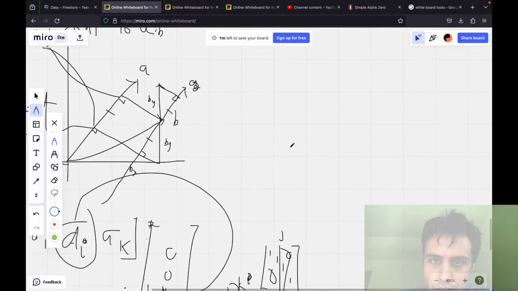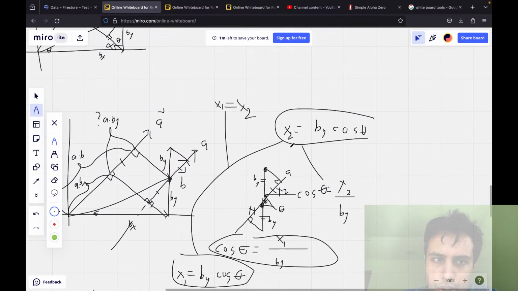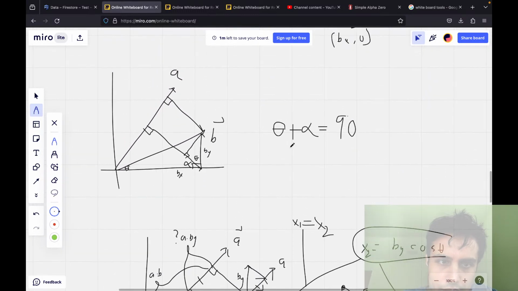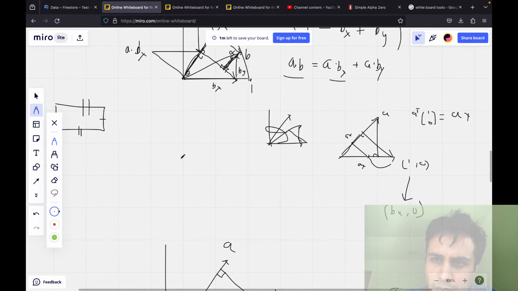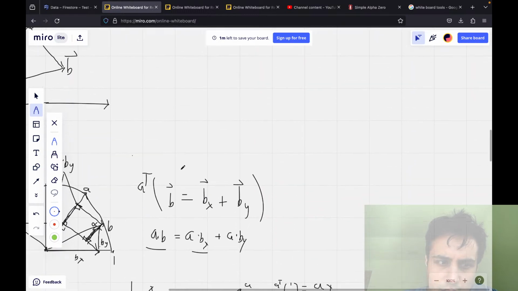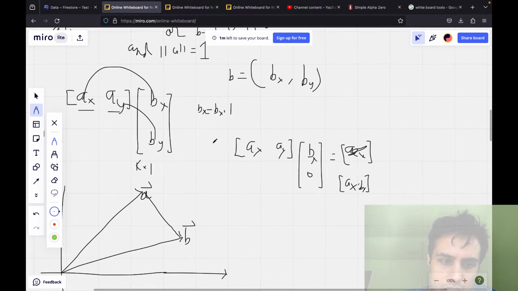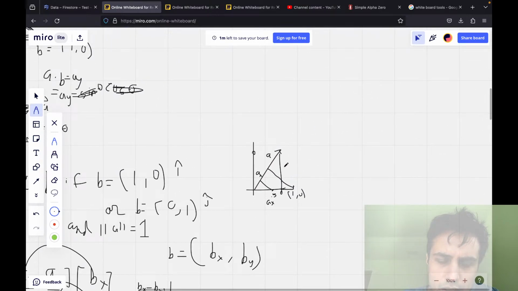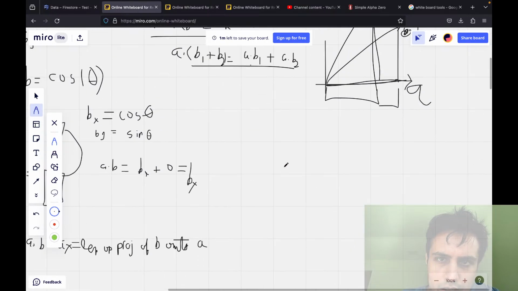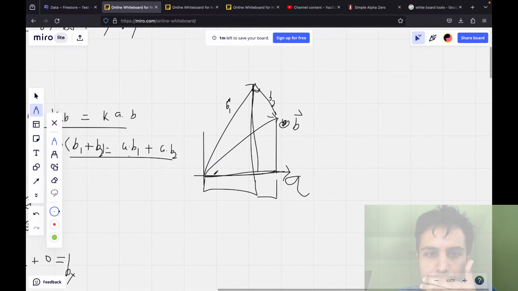If you look at this image, right here we have B projected onto A, and this projection gives you this entire thing right here.